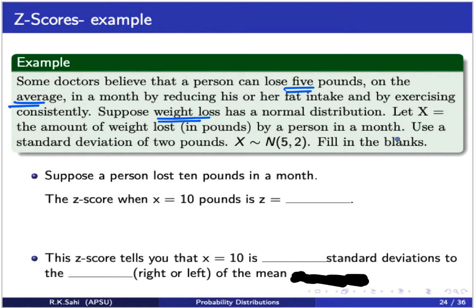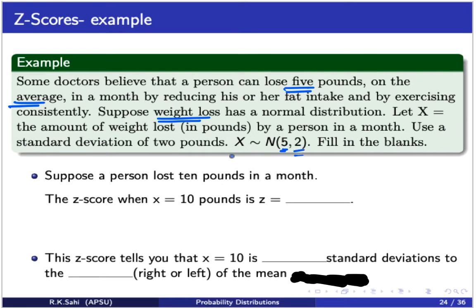We can write this as X has a normal distribution with mean 5, which comes from the doctors' belief that a person can lose 5 pounds on average, and a standard deviation of 2 pounds. That's my sigma.